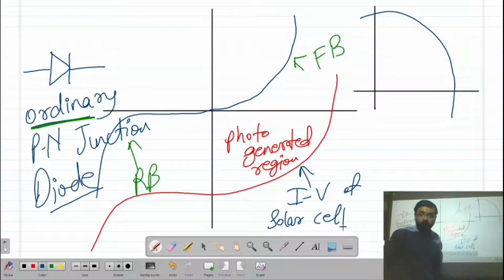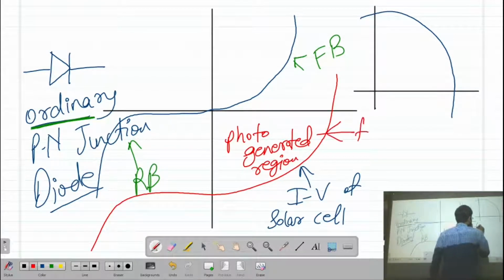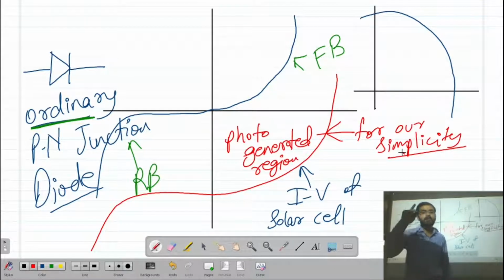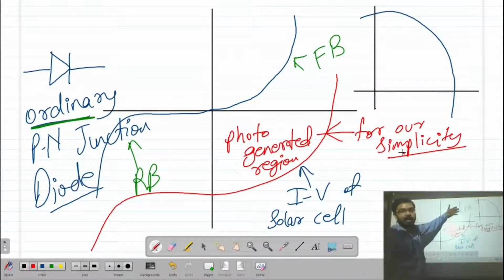Now, for our simplicity, remember one thing, we are just taking a mirror image of the fourth quadrant into the first quadrant.